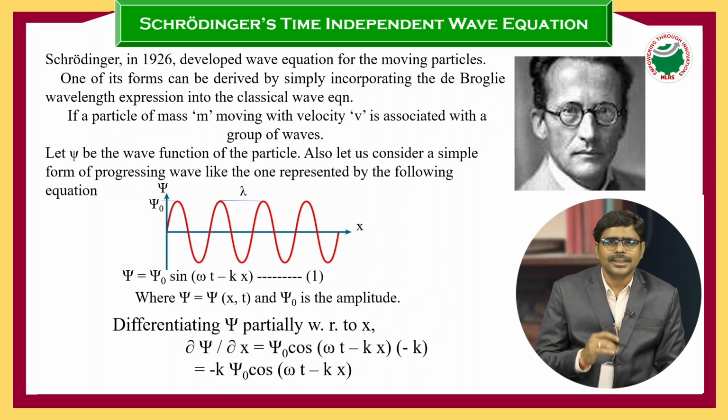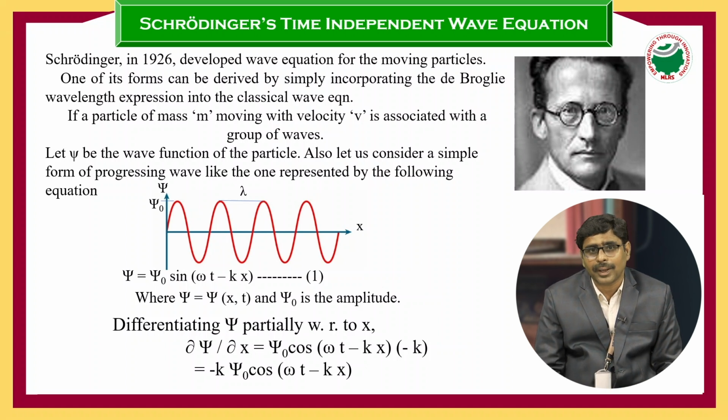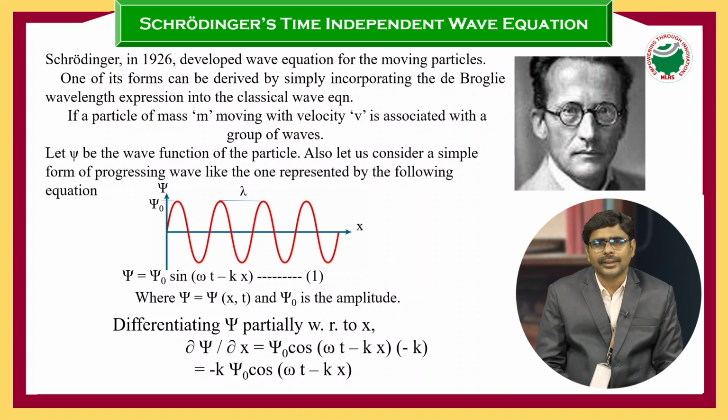We consider xi as a wave function. There is no physical meaning for this function itself, but xi squared gives the probability, which is 1, and then it has significance.